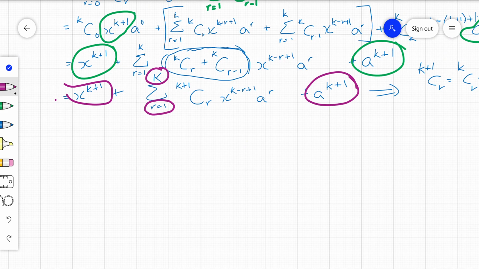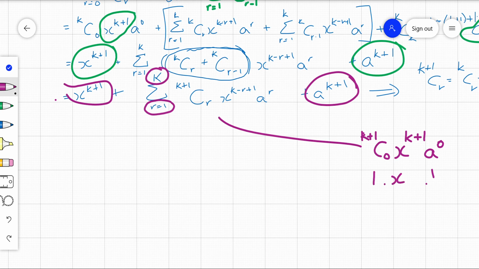So let me just do some working over the side. Looking at this, if I had r equals 0, I would have k plus 1 choose 0, x to the k minus 0 plus 1, and a to the 0. Now you can see a to the 0 is 1, and anything choose 0 is 1 as well.